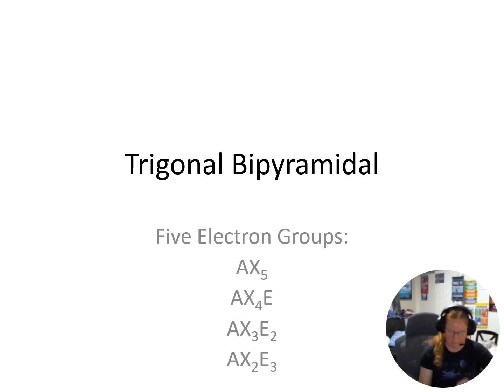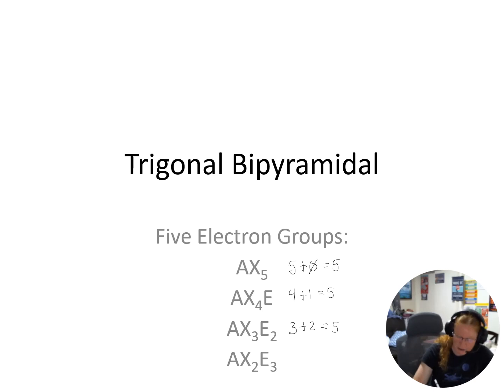And so 5 electron groups. So my AX5, I have 5 plus 0. That gives me 5. AX4E, I have 4 bonding and 1 lone pair. 4 plus 1 is 5. AX3E2, 3 bonding, 2 lone pairs, still 5.